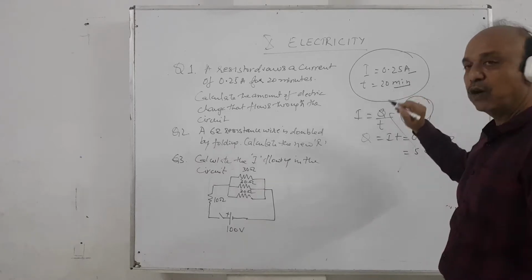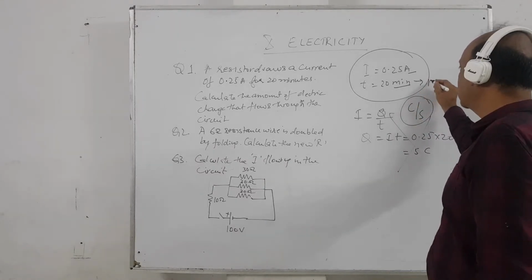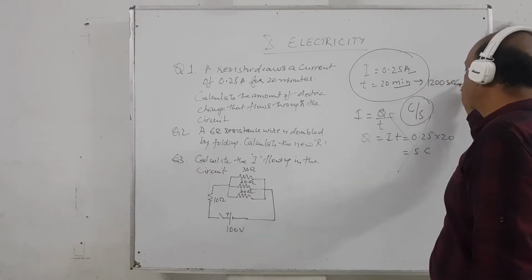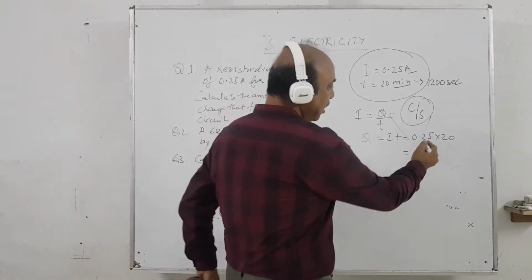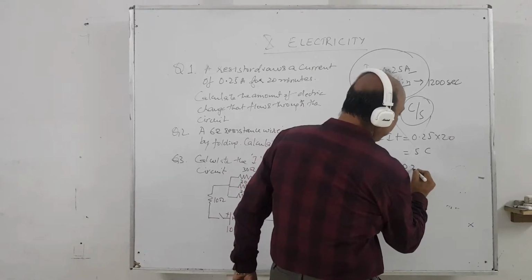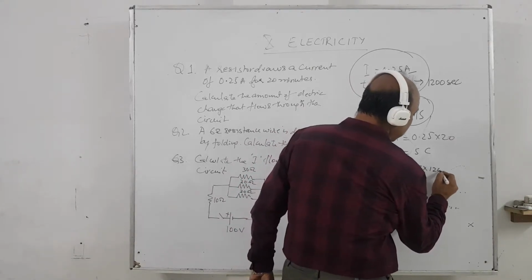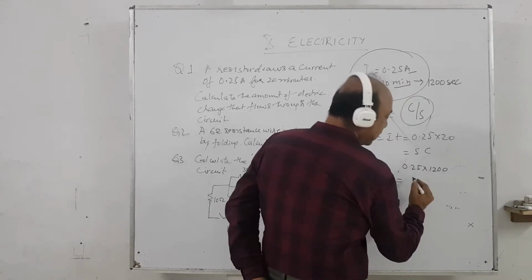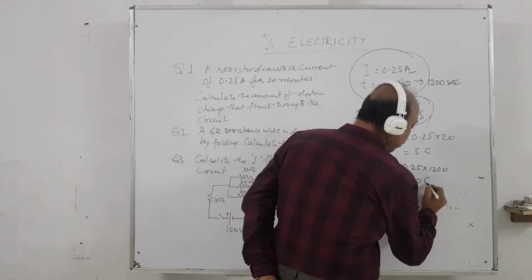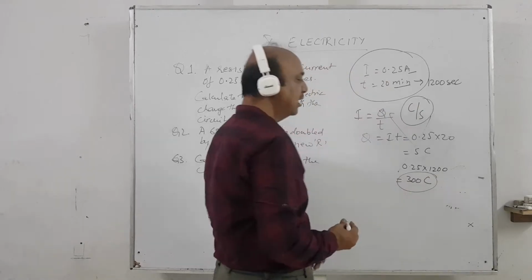So we have to convert 20 minutes into seconds, which is 1200 seconds. So now you see, instead of 20, it becomes 0.25 into 1200. That is 1/4 of 1200. That is 300 coulombs. That is the right answer.